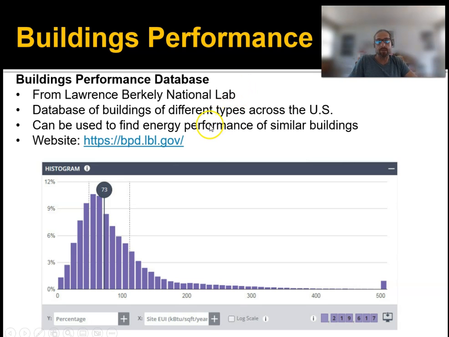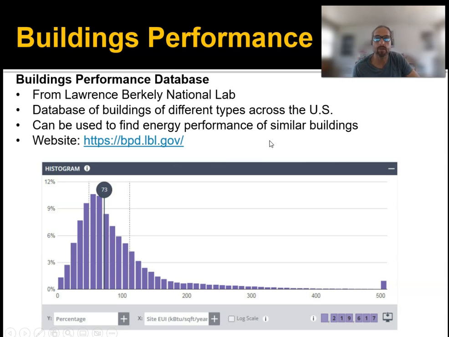And so what you can do with this is enter your own data, okay? Enter your own utility use or your own EUI, or determine your own EUI, and then compare it to similar buildings in the U.S. Again, there's a full separate video on how to do this.